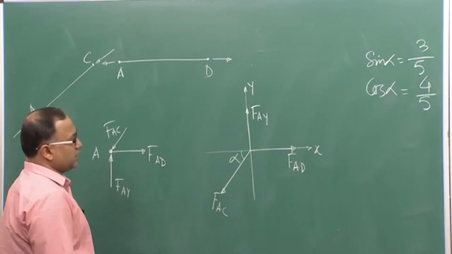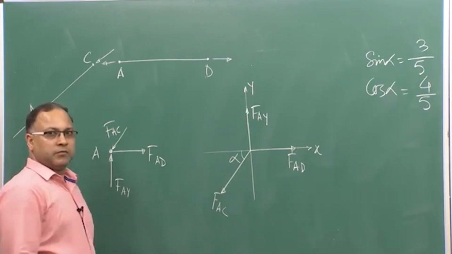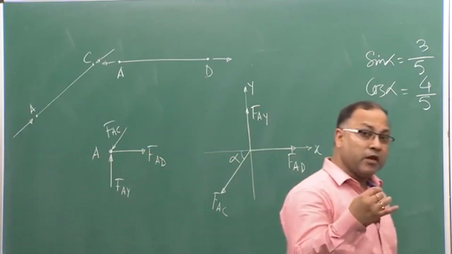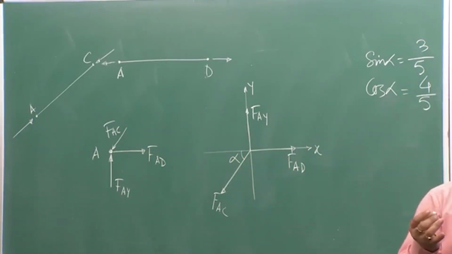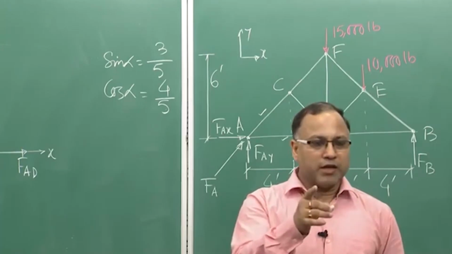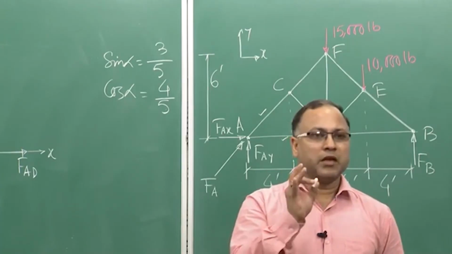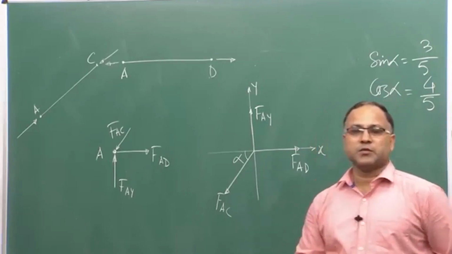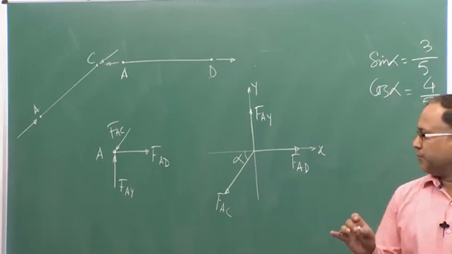Out of these three forces, basically what are the different equations of equilibrium available with you? Two, right? Each joint you have two equations of equilibrium available. One is summation of Fx equal to 0 and summation of Fy equal to 0.